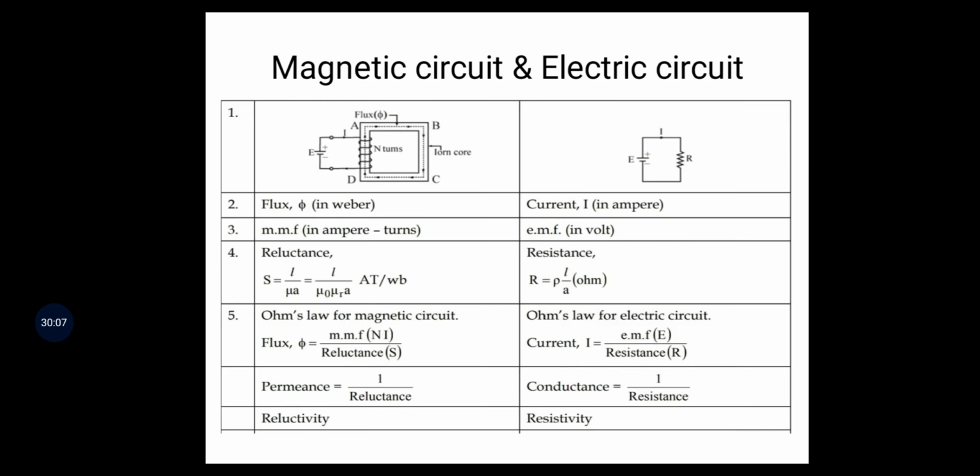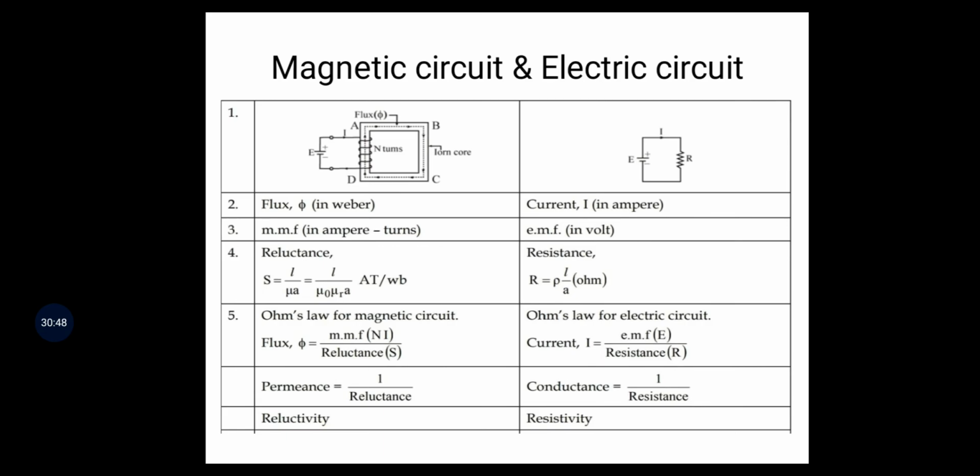Here MMF is equal to N into I, reluctance is equal to S, so flux pi equal to Ni by S. In electric circuit, current I equal to EMF by resistance, I equal to V by R.